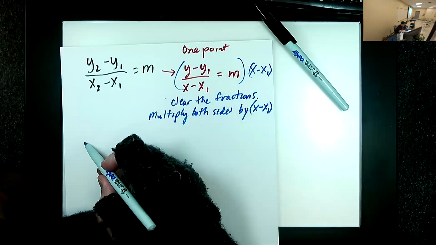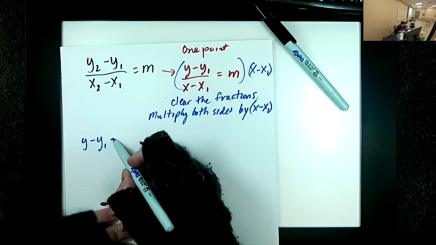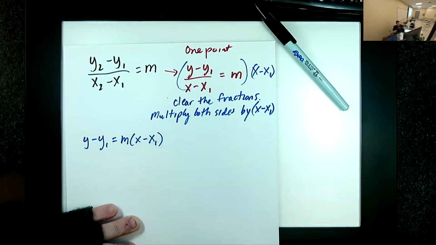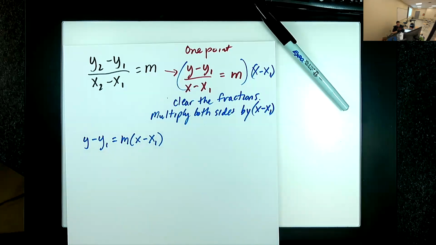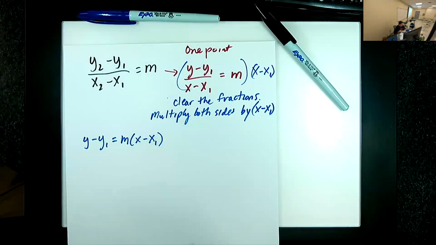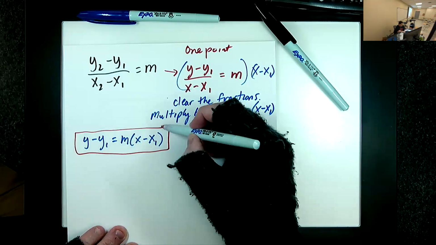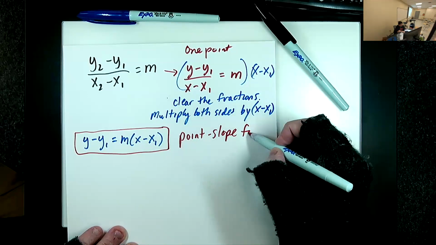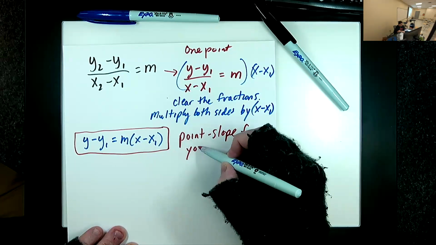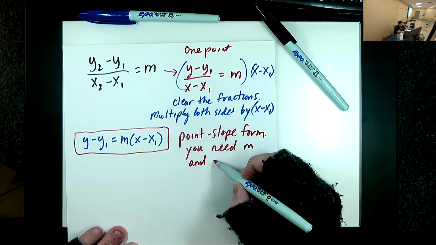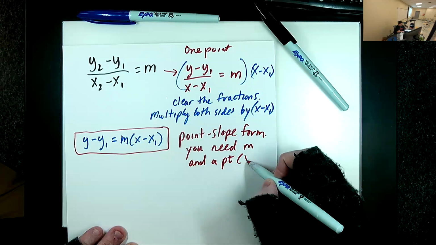On the left, the fraction clears. On the right, I really can't do anything with it. So I leave it like that. This is called the point slope form. You need m and a point (x1, y1).